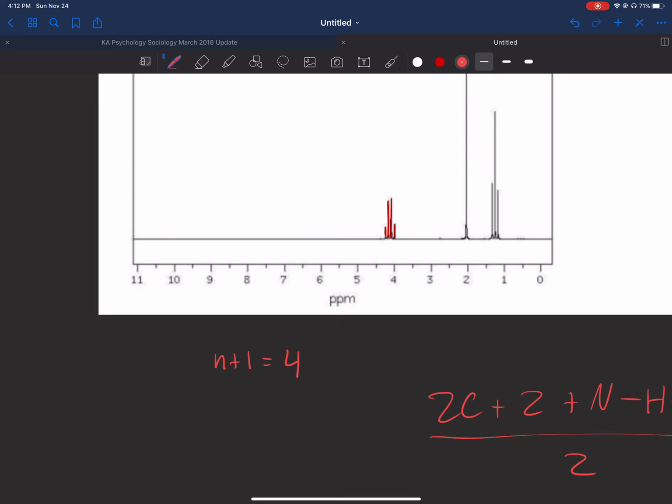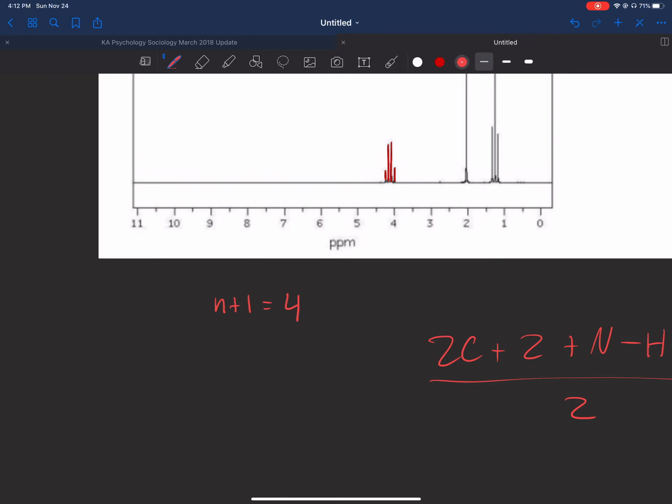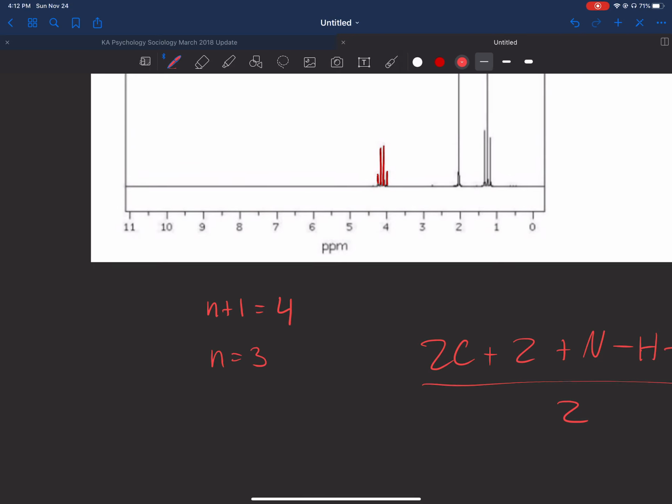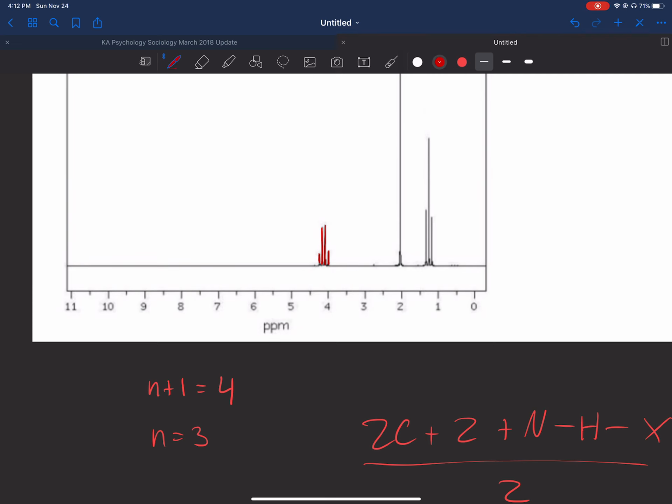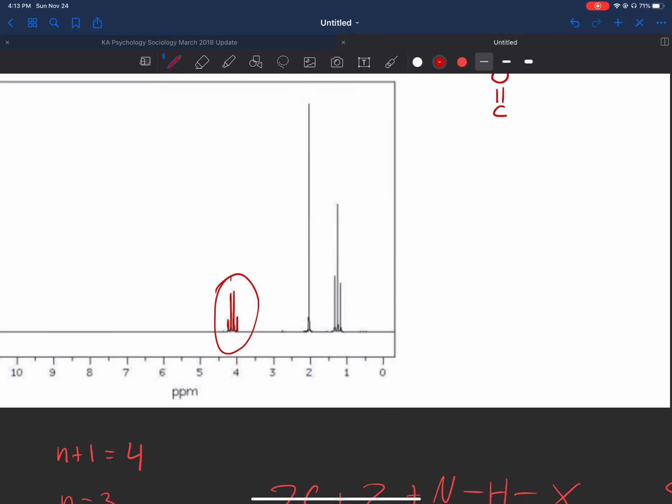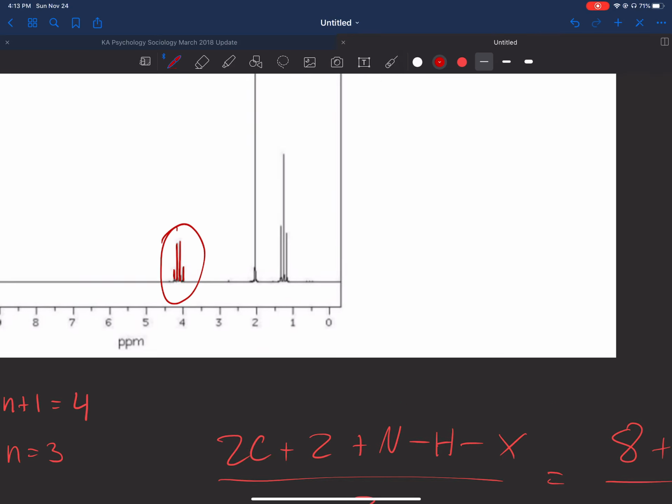That tells us how that's going to end up on the graph, which is the 4, right? This right here. So what we need to do now is tell the amount of hydrogens adjacent to that. We can just subtract 1 and that equals 3. So whatever this peak is representing, this group right here, whatever that hydrogen is, it's looking at 3 hydrogens next to it. Okay? So keep that in the back of your head. It's looking at 3 hydrogens next to it.